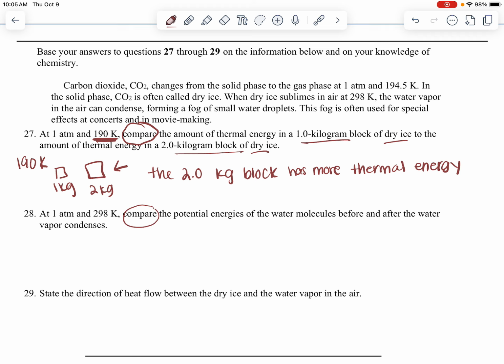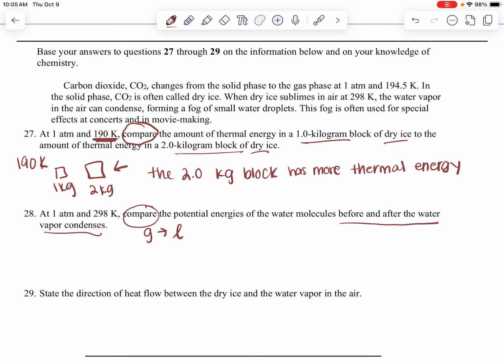So once again, compare the potential energies of the water molecules before and after the water condenses. So remember, condensation is going from a gas to a liquid. So we said that what has the highest energy is a gas, and then it goes down to liquid, then to solid. So the gas has more potential energy.